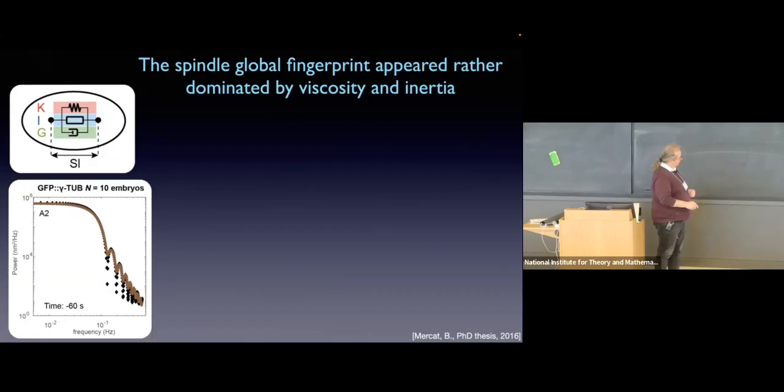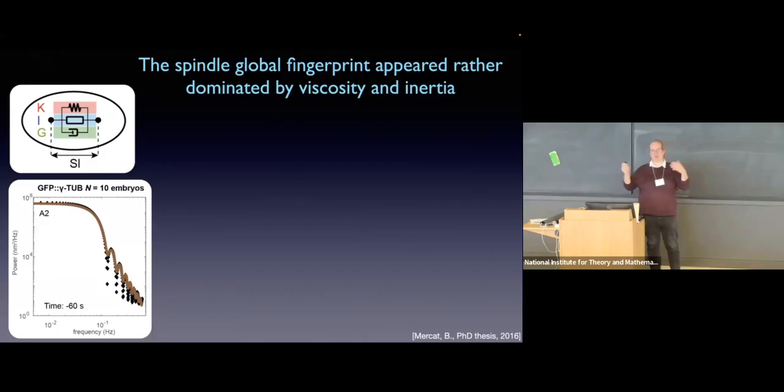So the black dots are the experimental data, and the maroon curve is the fit. I should have said something a bit earlier. What we did is, instead of taking the whole curve of the elongation, we make a 15-second window, and we move it by a step of 5 seconds to represent each moment of the spindle.